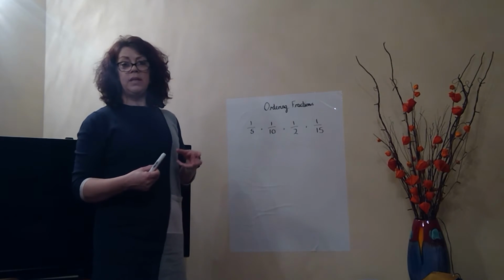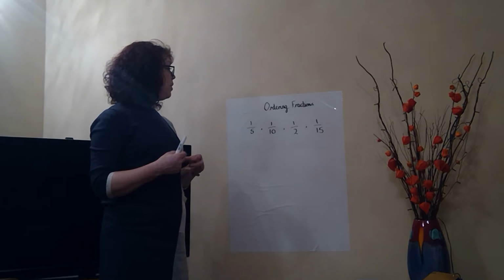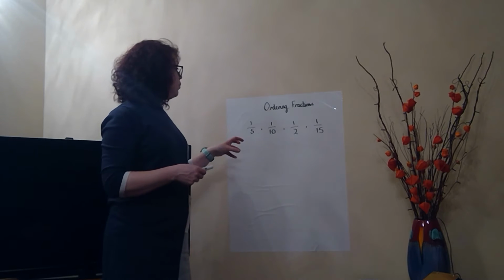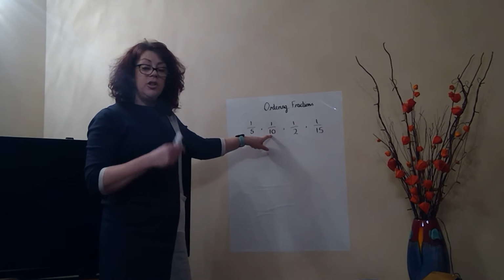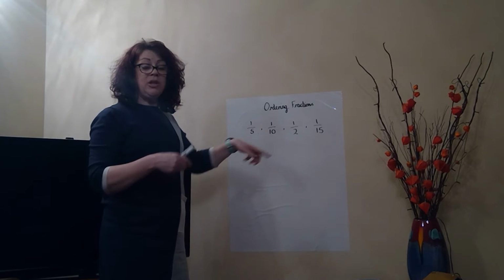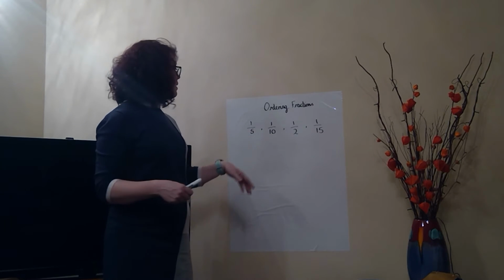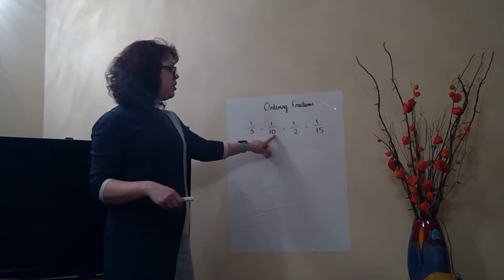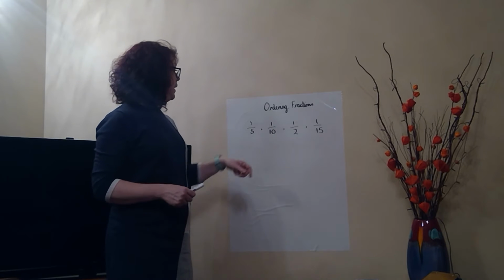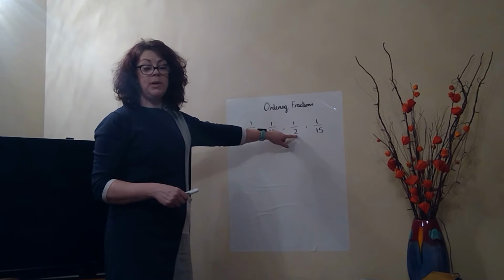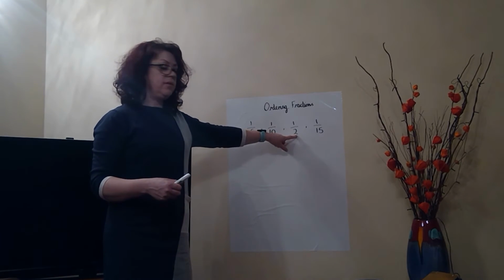But the important thing to think about when we're coming to order fractions is that the bigger the denominator, the smaller the actual fraction is, because you're cutting it into more parts. And the opposite being that the smaller the denominator, the bigger the size of the fraction.